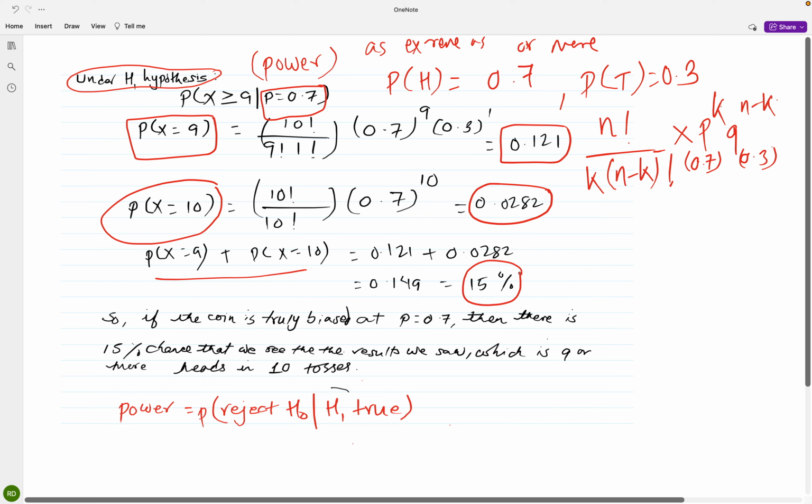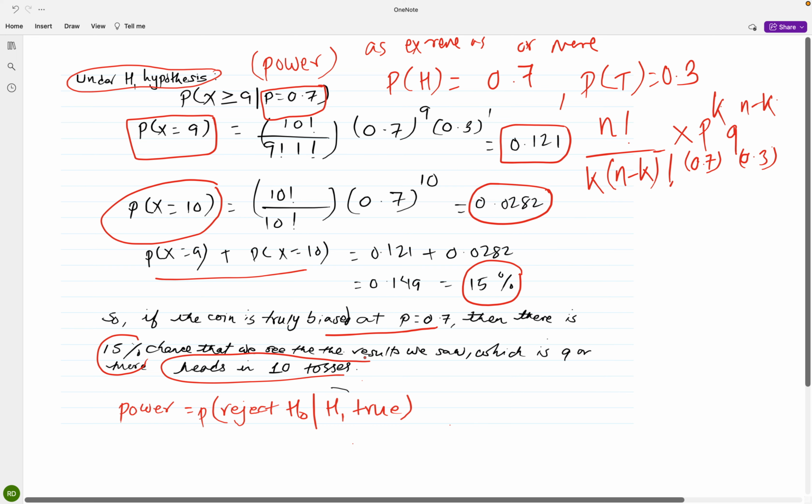What does that mean? If the coin is truly biased at p equals 0.7 toward head, then there is a 15% chance that we see the results we saw, which is 9 or more heads in 10 tosses. The likelihood of getting 9 heads or more, assuming the alternate hypothesis is true, is 15%.